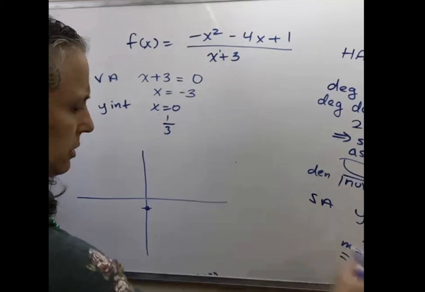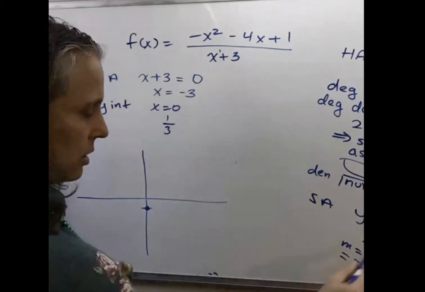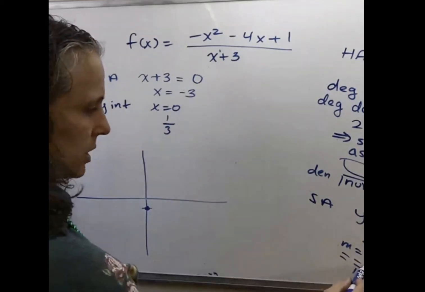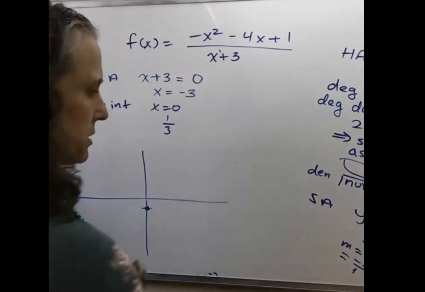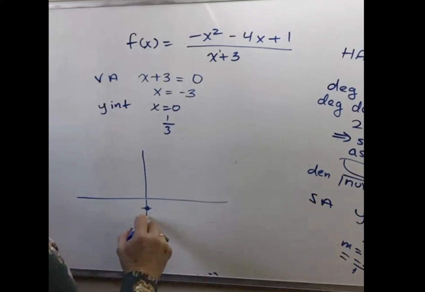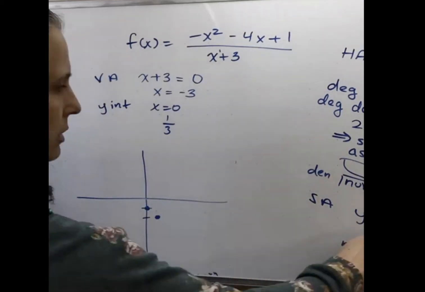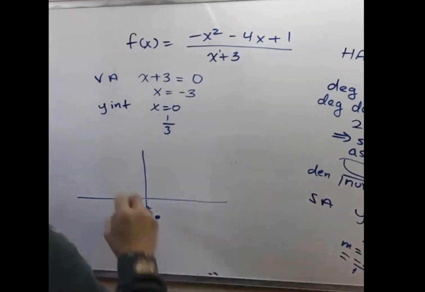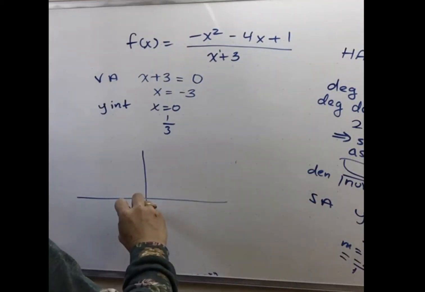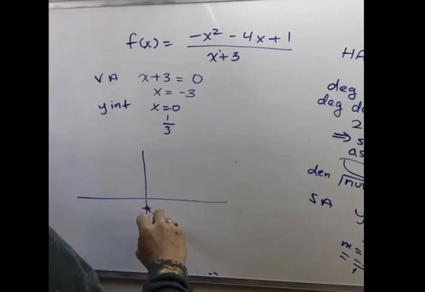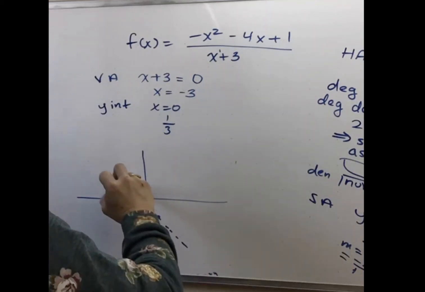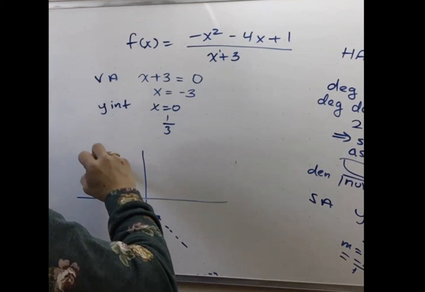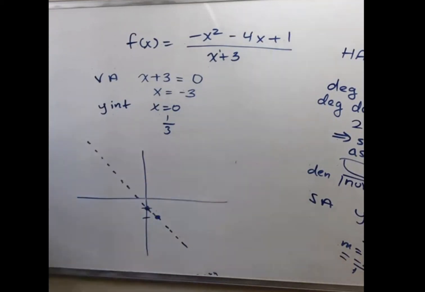This tells me my change in y is negative and my change in x is positive. So I go down 1 and right 1. Now I know that if my slope is negative, my line should be decreasing as I go from left to right. So this is actually my slant asymptote. Remember, slant asymptotes and horizontal asymptotes don't tell me about the middle of the graph as much as they tell me about the end of the graph.